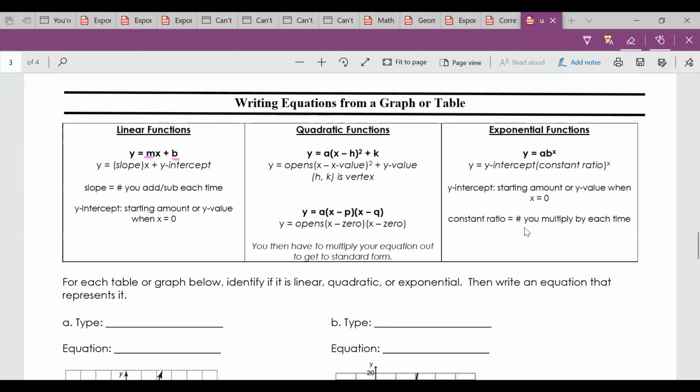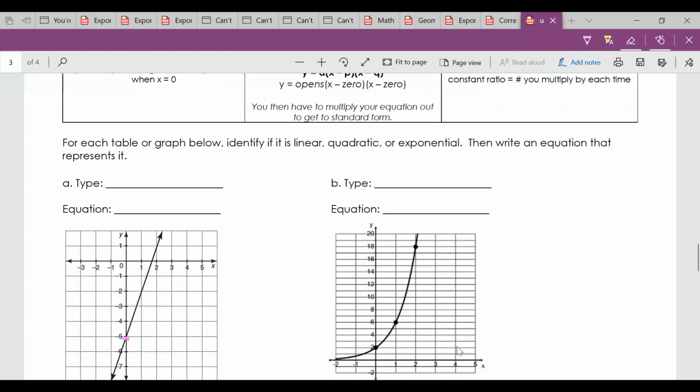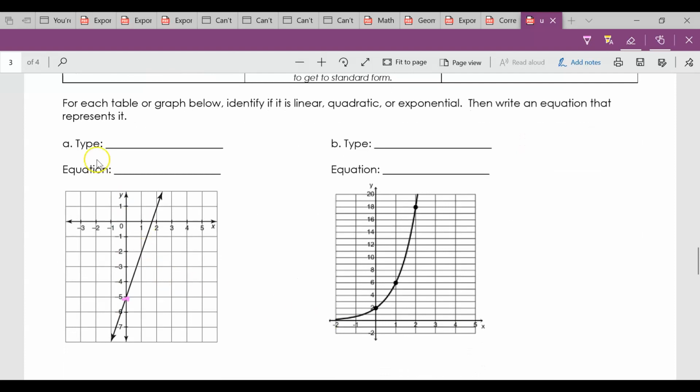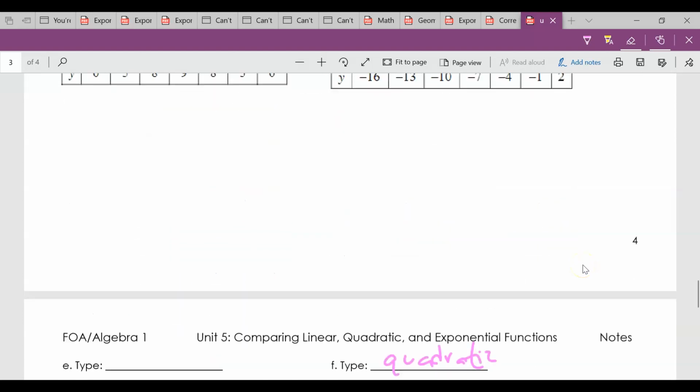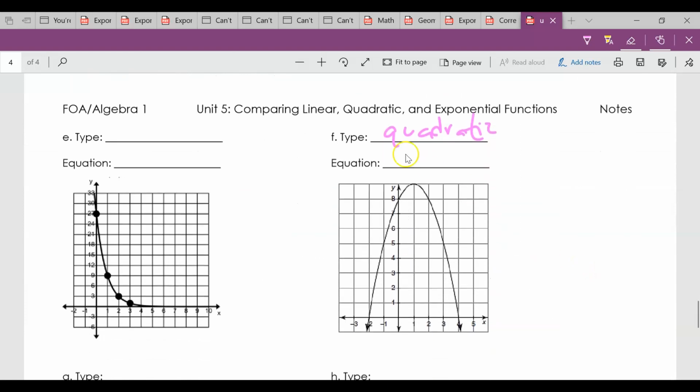On this next page, we are going to have to identify if it's linear, quadratic, or exponential, and then write the equation. You guys have gotten pretty good with linear equations and with exponential equations of plugging in. I'm going to make the first example a quadratic one. I went ahead and wrote that this was quadratic because we can clearly see that it's a parabolic function.